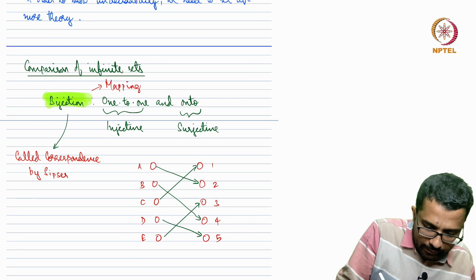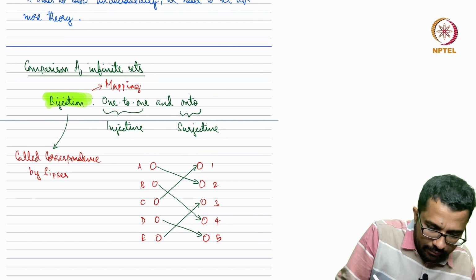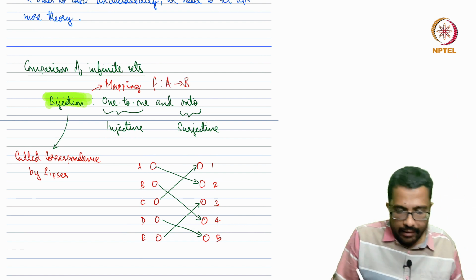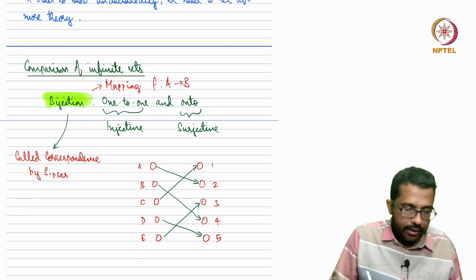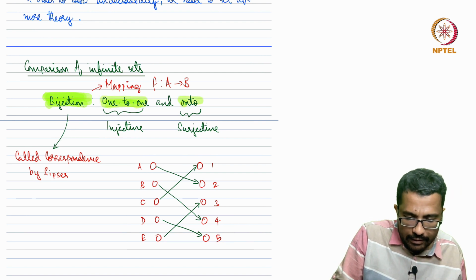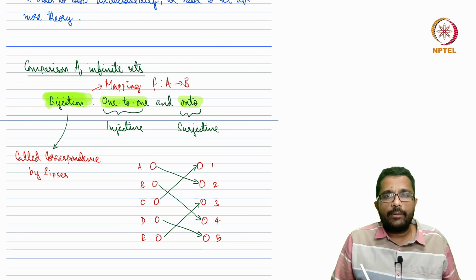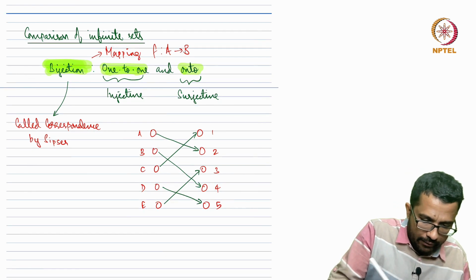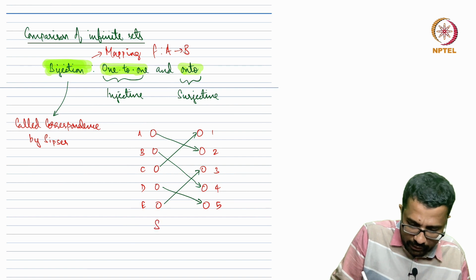It is a mapping from, let's say, A to B, and it has two properties. One is that it is one to one, and the second is that it is onto. By that, what I mean is, let's say I have two sets, S1 and S2.